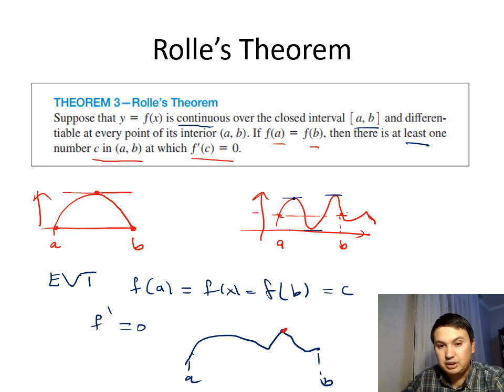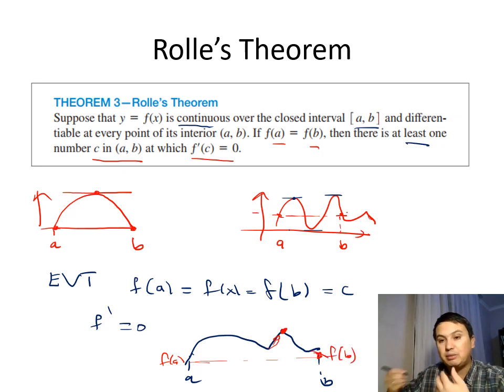For this to be the maximum, it means my function at some point needs to increase, right? It needs to go higher than f(a), because the maximum is not f(a) and not f(b). So it has to increase. But since at the end it needs to go back to f(a), because they are equal, you need to go to f(b), which is the same.